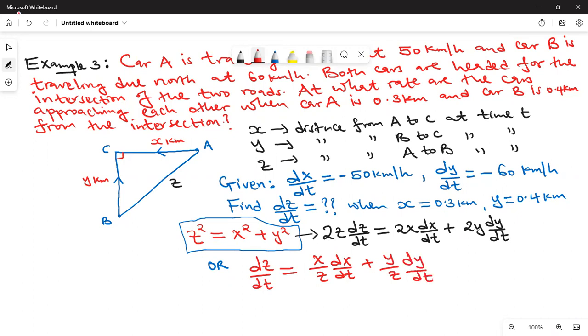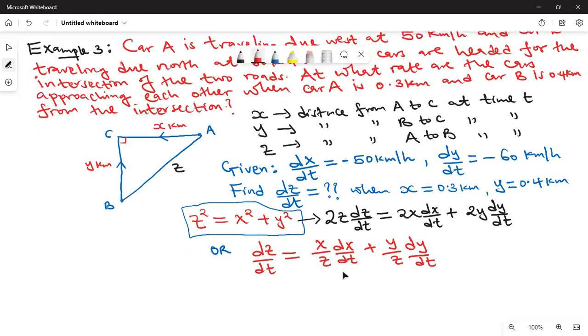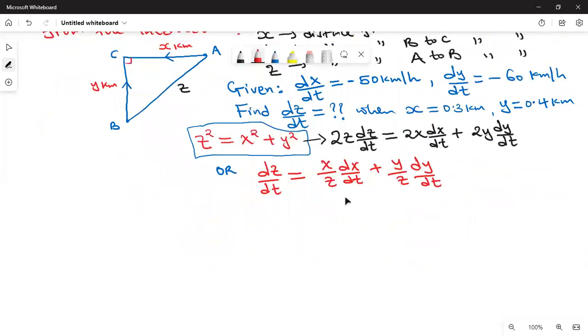So when you look at that equation, we know dx/dt, we know dy/dt, we know x and y, but do we know z? No. We need to find z. Because we don't know z, let's see, how do we find z when x is 0.3 and y is 0.4?